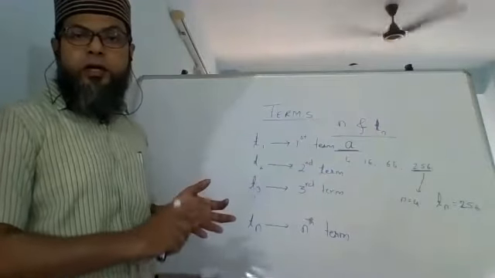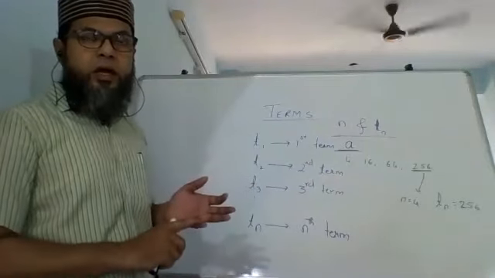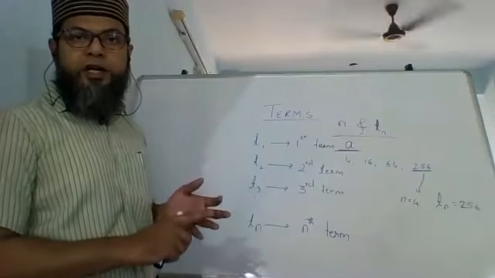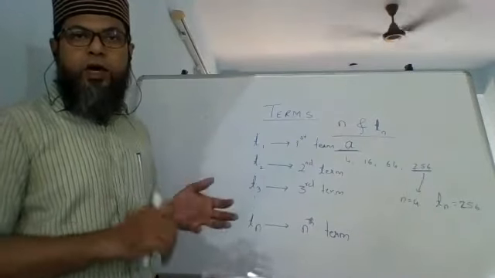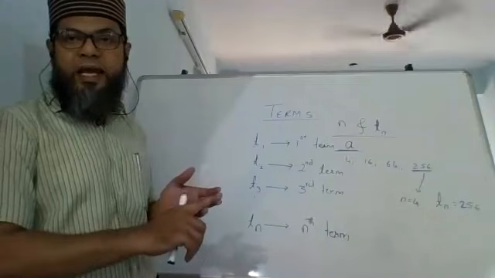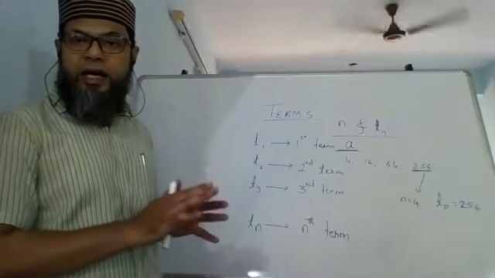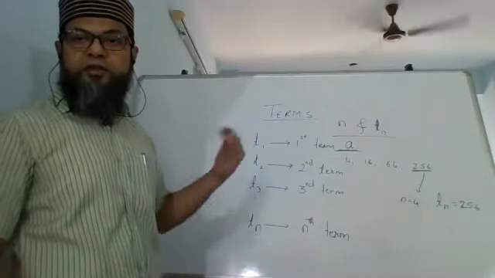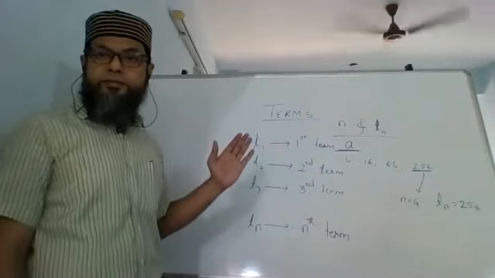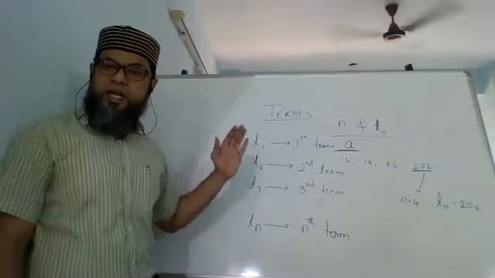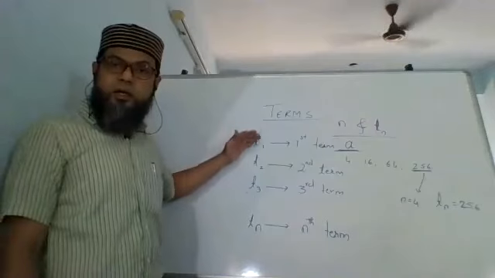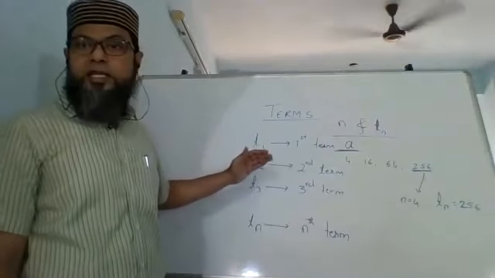Sequence, terms of the sequence, then T1, T2, T3 up to Tn. What is n? What is Tn? What is A? ये सब चीजें सबको clear है? If it is clear, then we will proceed further. Are we clear? Any doubts, any queries, please ask.